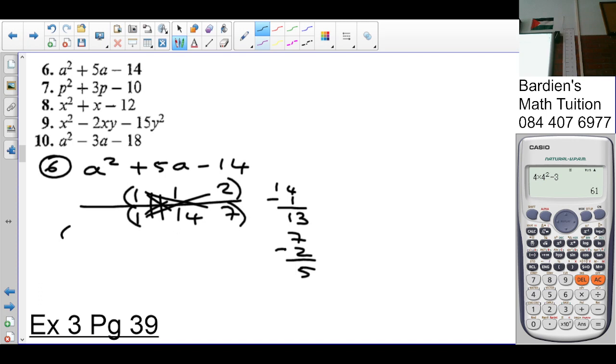Can you see that? Yes. So in our brackets goes an a and a 2, an a and a 7. What about our signs? Opposite signs. 1 plus, 1 minus. So the bigger product takes the sign of the middle term. Make a note here: 1 plus, 1 minus, 1 minus, 1 plus.